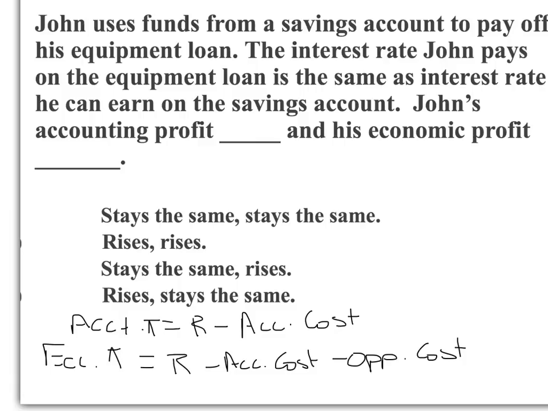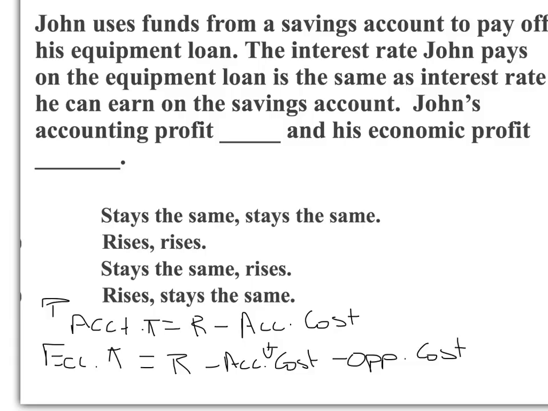So the interest rate that John pays on the equipment loan will be an accounting cost because he doesn't have to pay that anymore as a result of production. But the interest he receives from the savings account, that will be an opportunity cost. So in this situation, when he pays off the loan, his accounting cost goes down. So his accounting profits will go up because he's paying off the loan.